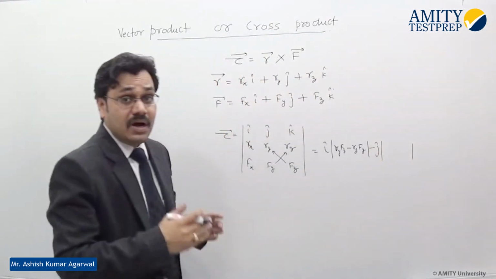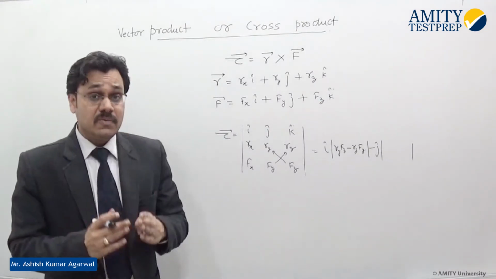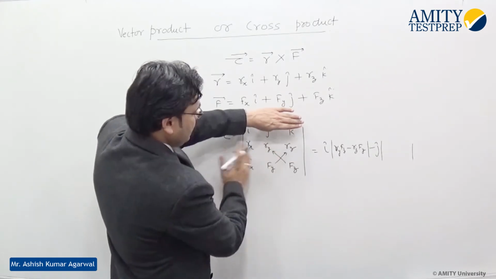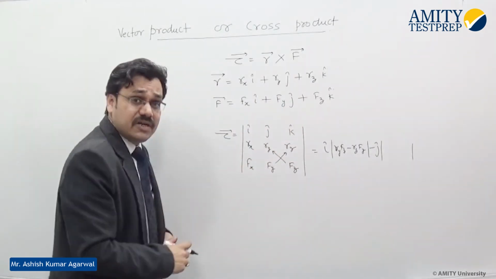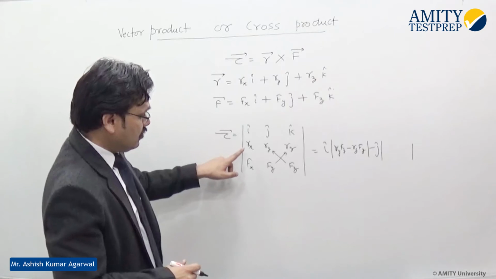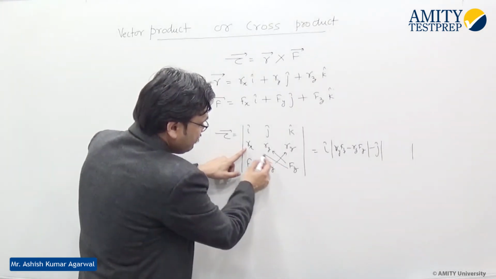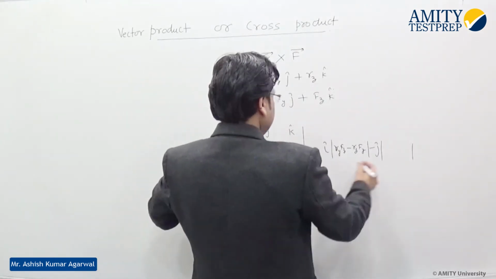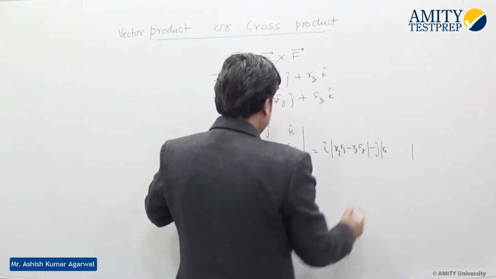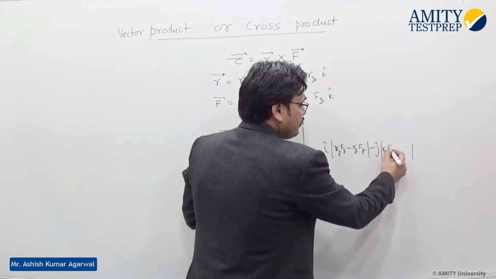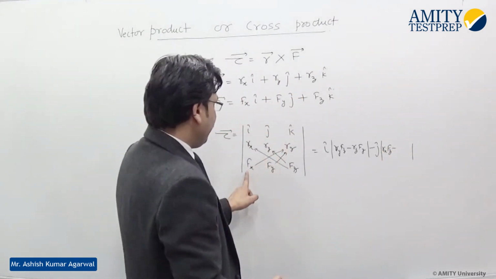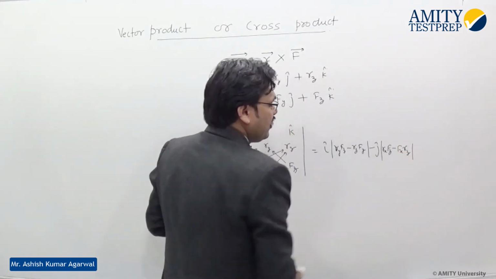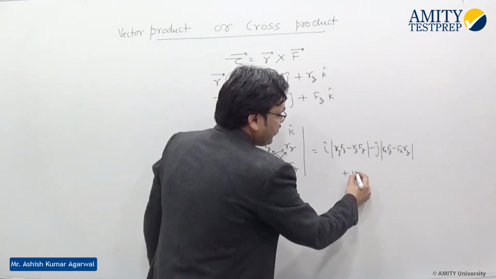Then again you have to hide the row and column of the j vectors. If you hide the column of j and row of j, some part of the determinant remains. Now you have to multiply Fz with Rx and Fx with Rz. So now it comes to be Rx into Fz minus Fx into Rz, in the same pattern, plus k cap.